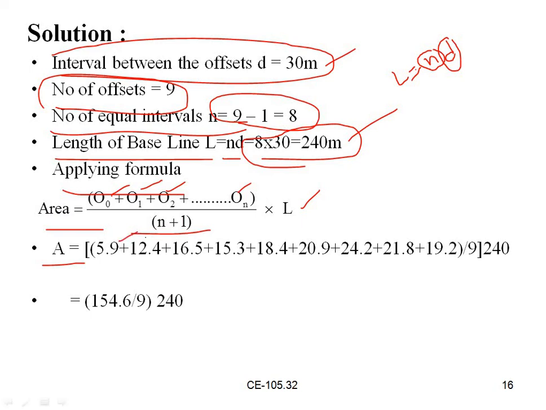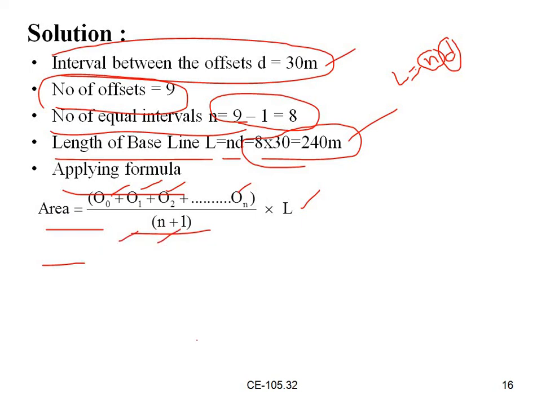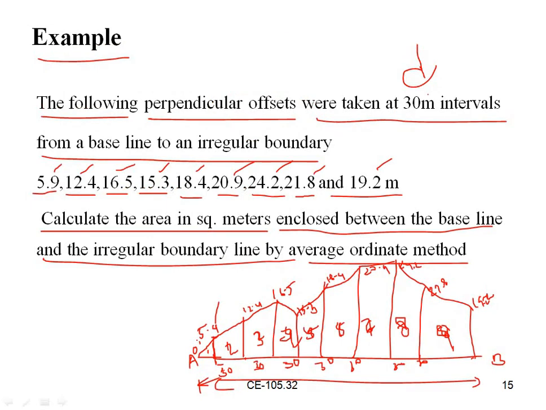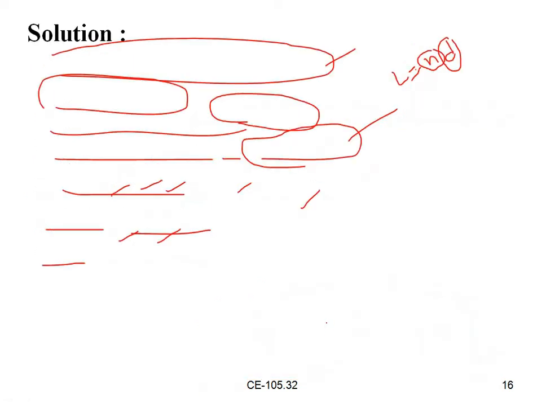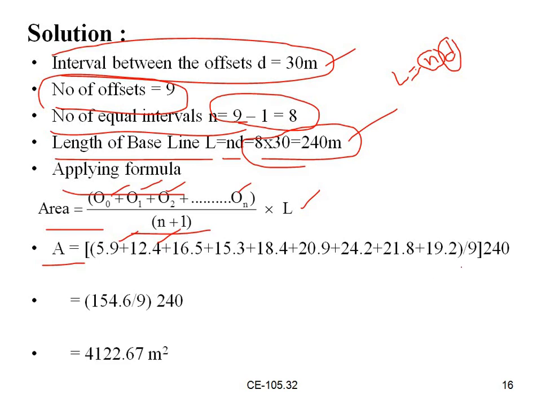So 5.9 plus 12.4, that is O0 plus O1. The next plus 16.5 plus 15.3 plus 18.4 plus 20.9 plus 24.2. So like that we have to add all, plus 21.8 plus 19.2, divided by 9, because totally 9 offsets are there.